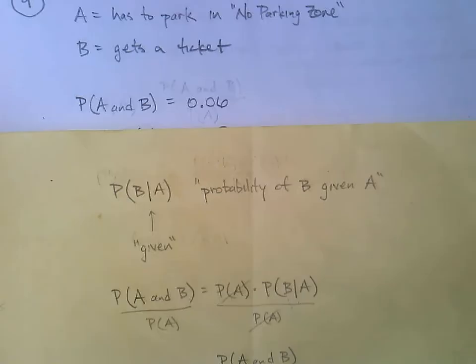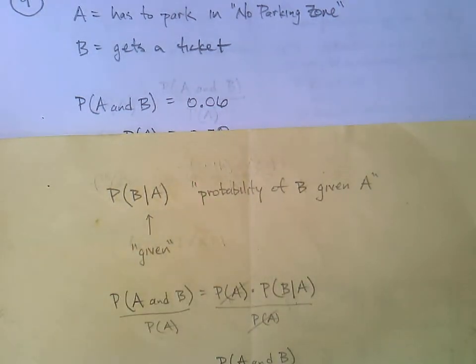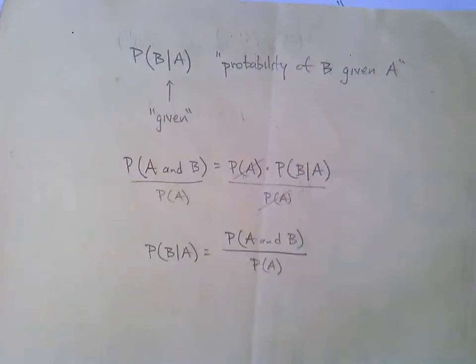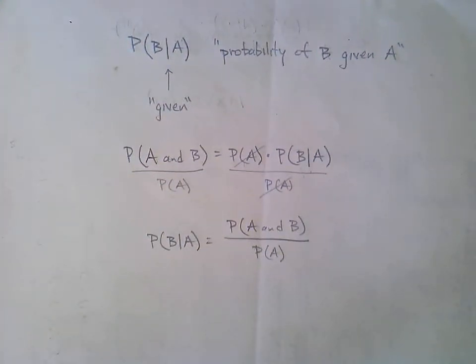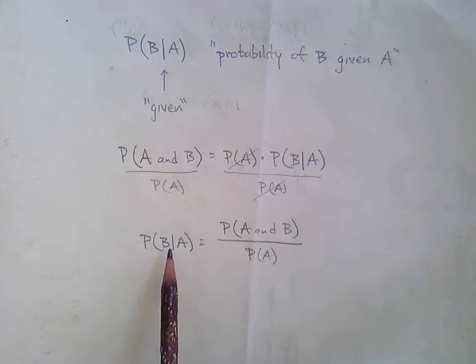And we know that was the 0.06, A and B. That's the shaded region. And then we divide by the total number of ways that A can occur, because we know we're already inside of A. So it's like the shaded area divided by all of the area in A. The number of ways B can occur divided by the total ways we could be in A. Probability of A and B divided by the probability of A will tell us that right there.